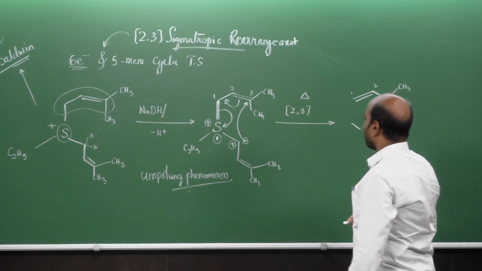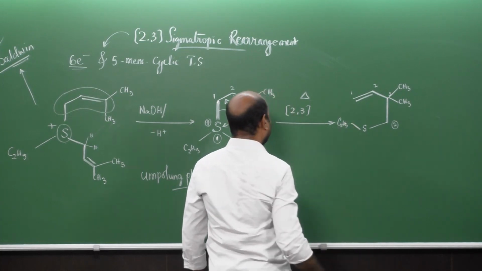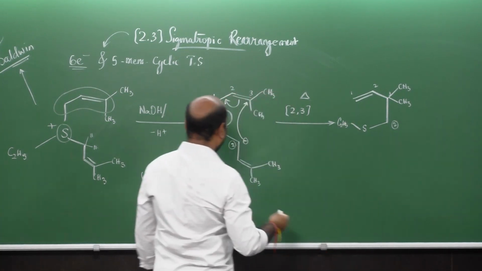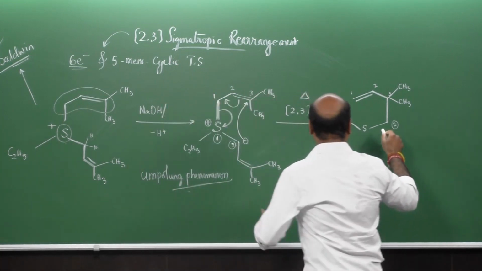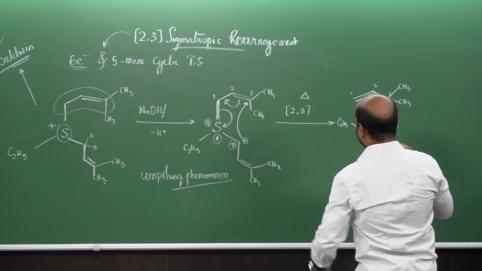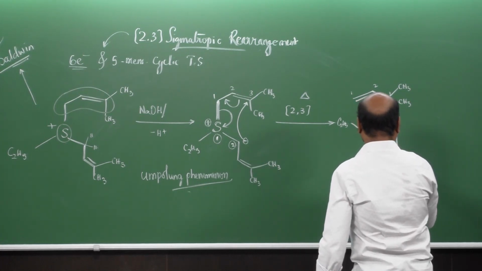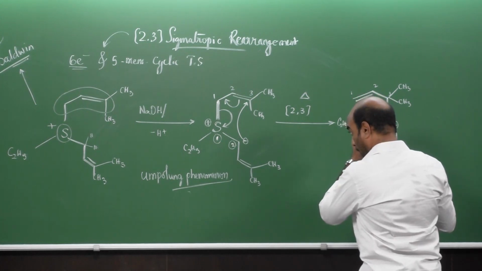So the sulfur is already having an ethyl group here, C2H5, and then this is connected to what? 2 is connected to this one.